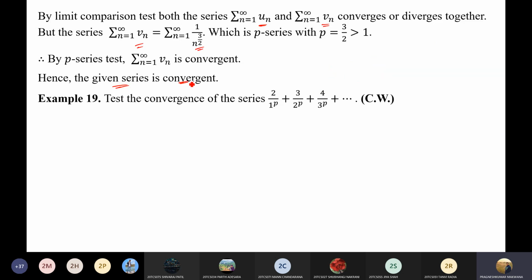Now the next example. Test the convergence of the series 2 upon 1 raised to p plus 3 upon 2 raised to p plus 4 upon 3 raised to p and so on. Then here what is un? Sir, n plus 1 upon n raised to p. Very good. And now what is the vn? 1 upon n raised to p minus 1. Good. Now you can check un upon vn.